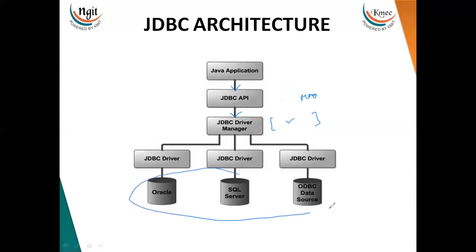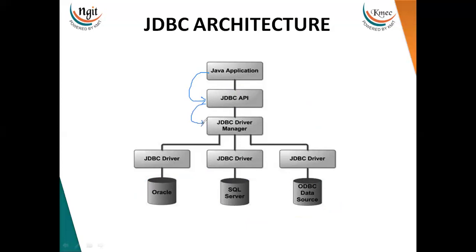Here the MongoDB driver is not available, so immediately the DriverManager class sends a negative acknowledgement with a message like the requested database driver is not available, or the database does not exist, or you can try again later. This kind of negative response is sent back to the JDBC API, and the JDBC API forwards that response to the Java application. This is how the Java application sends requests to the JDBC API.